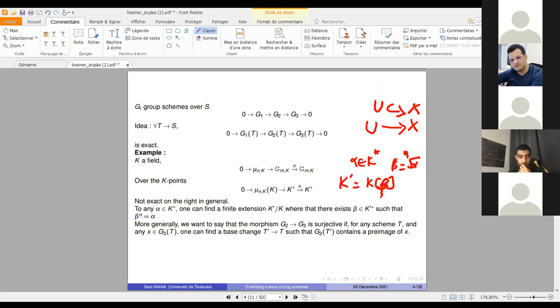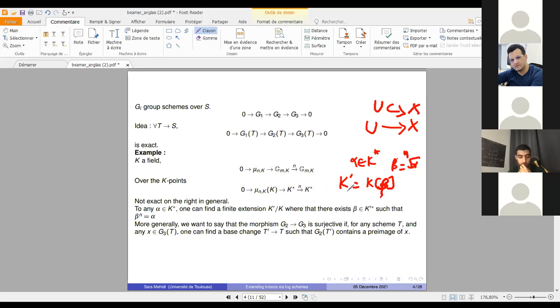For example, here, this sequence, as I said, in the classical topology, which is Zariski topology, this is not an exact sequence because it's not surjective here. But in the case where n is prime to the characteristic of K, this is an exact sequence in the étale topology.